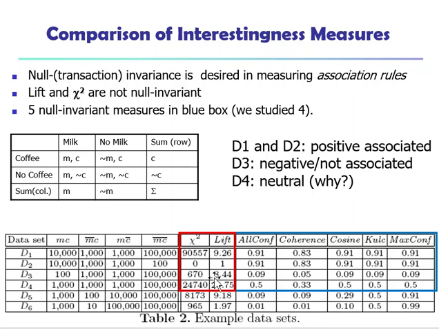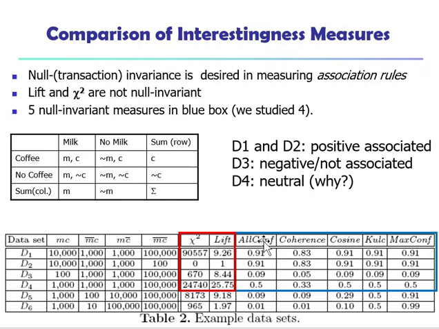So this says when your total transactions are heavily dominated by non-transactions, chi-square and lift are not good measures. They give you very misleading scores.